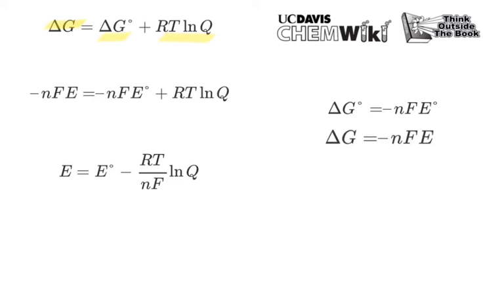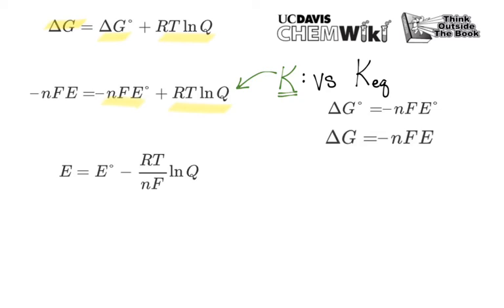And from this basic combination of those standard Gibbs free energy relationships and regular Gibbs free energy of reaction relationships, we can rewrite the equation, insert the Faraday's constant for both, and then I have minus n Faraday's constant times the standard potential of the reaction plus RT times the natural log of the reaction quotient.